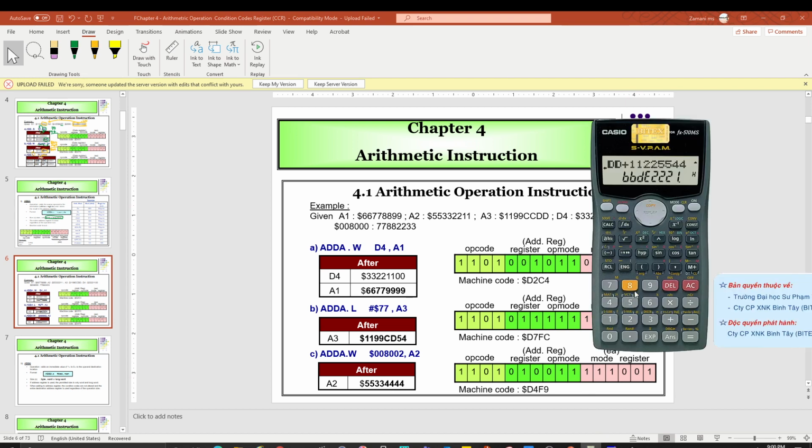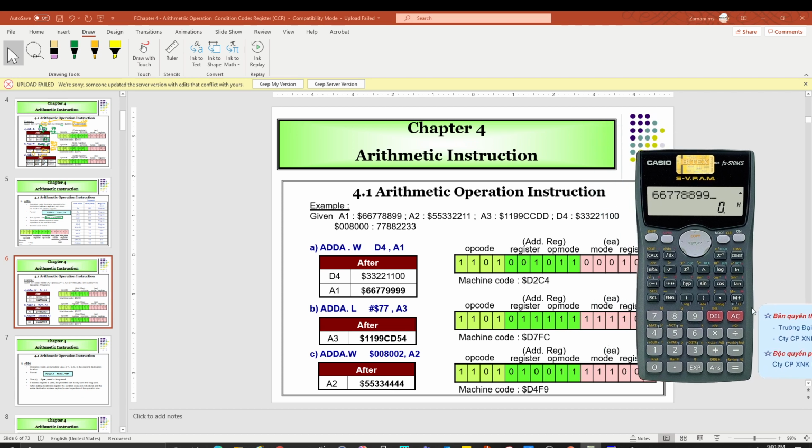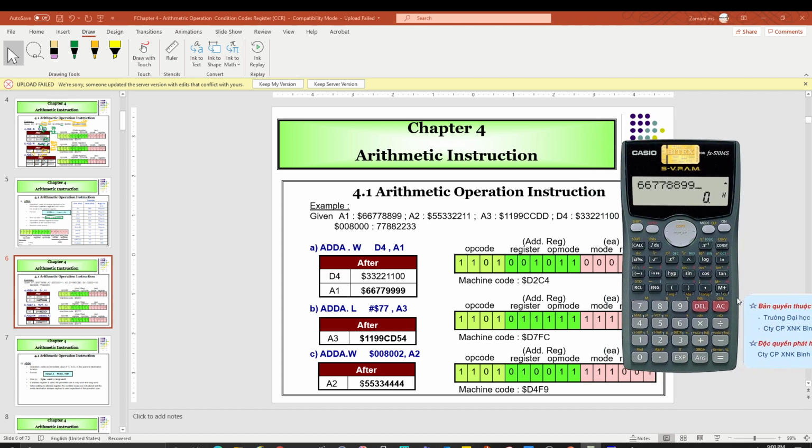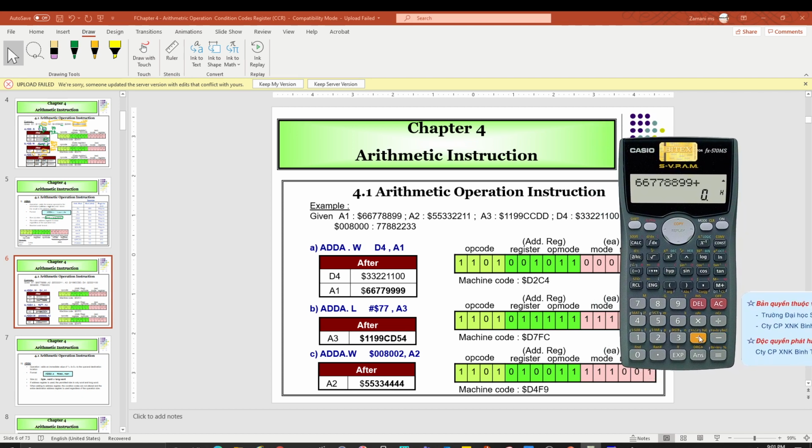So let's add this number. A1 is 66778899 plus D4 1100, and the answer is 66779999. Okay, it's the same answer that I have.